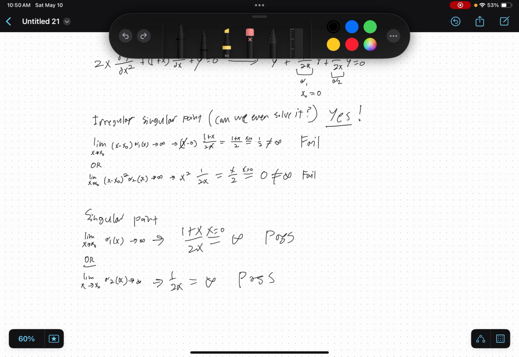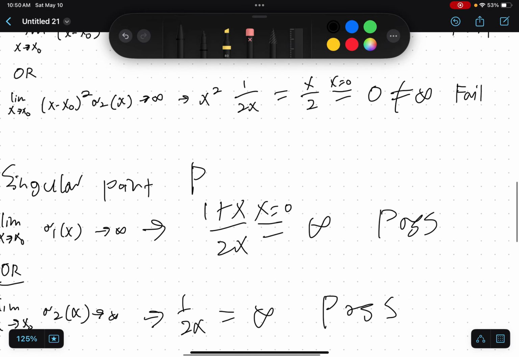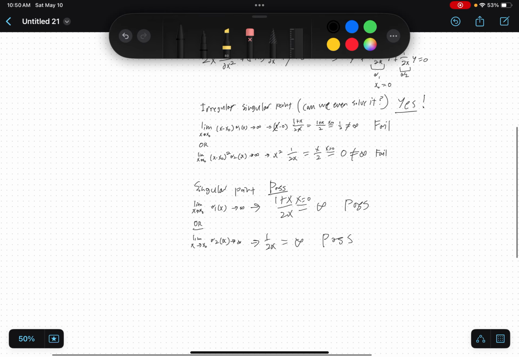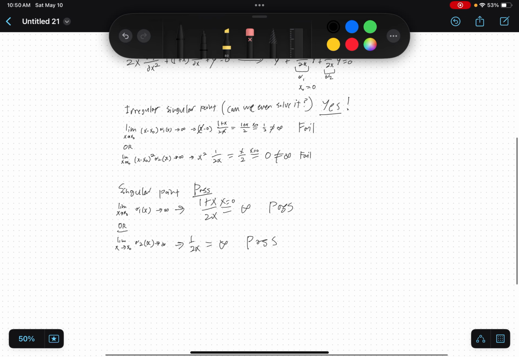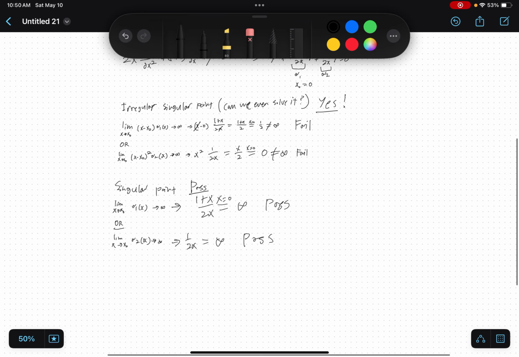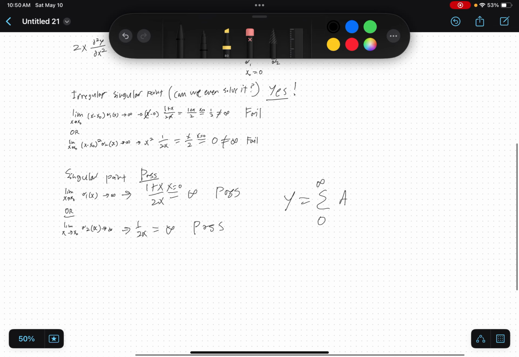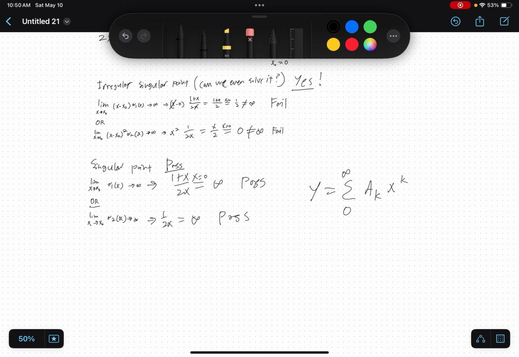That doesn't look like a yes at all, but it passes a singular point test, which means that we can solve it using a power series that looks like a sum from 0 to infinity of ak, which we'll have to solve for, times x to the power of k.